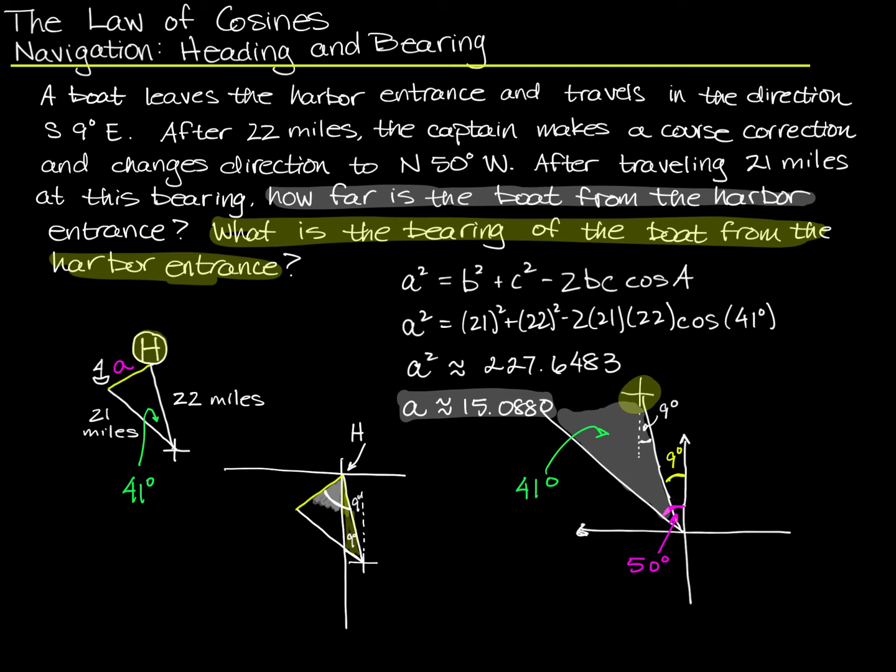I could use the law of cosines. I've got my angle A here because it's across from side A, but I haven't labeled either of the others. So let's go ahead and do that real quick.